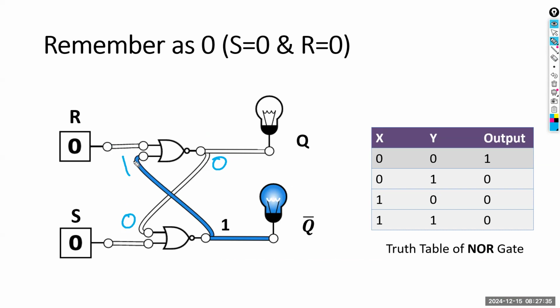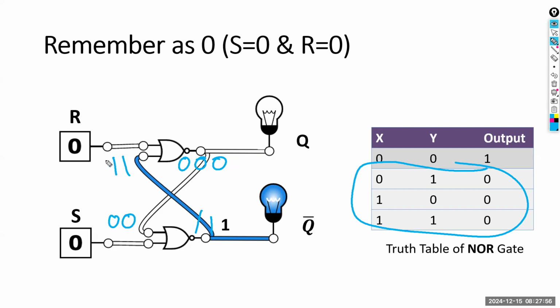When at least one input is 1, output is 0. So therefore this is 0. When both are 0, it is 1. This one is fed here. When at least one input is 1, output is 0. When both are 0, it is 1. So therefore now, even though you make both 0, it stays the same.